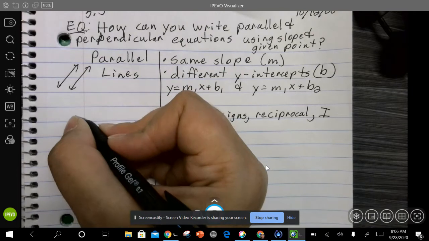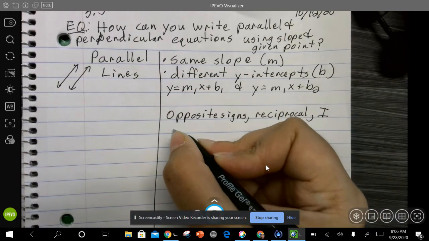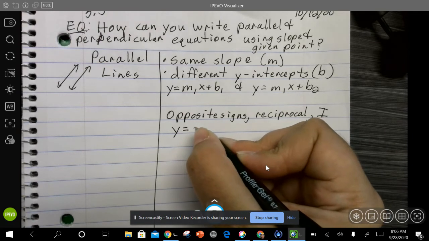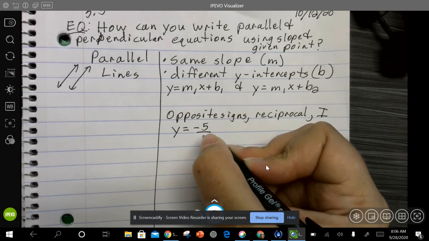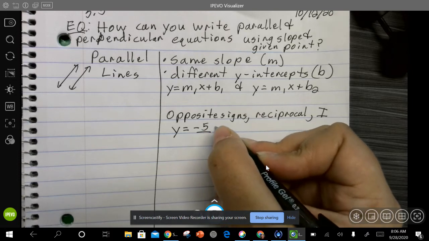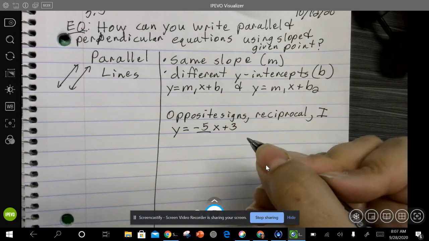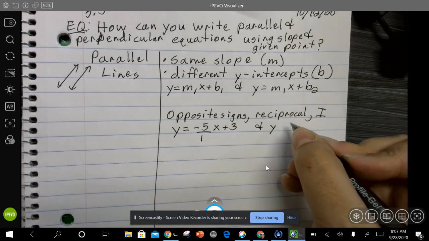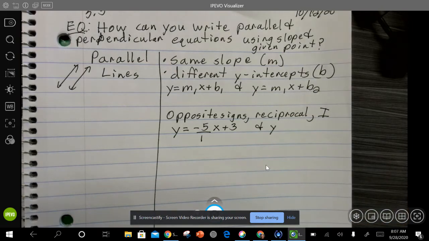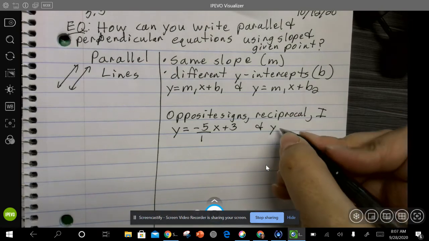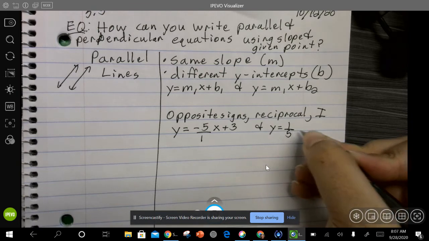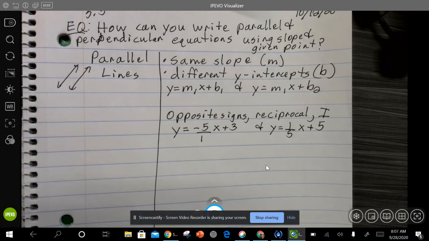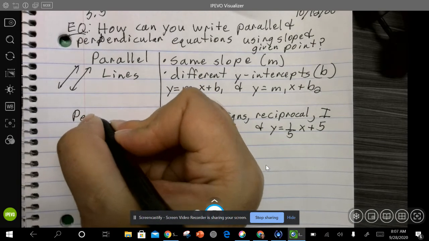So an example would be y is equal to negative 5x plus 3. And then we're going to take it and flip it. So an opposite sign, so it's going to be positive 1/5 x plus b. Okay, so this is for perpendicular lines.